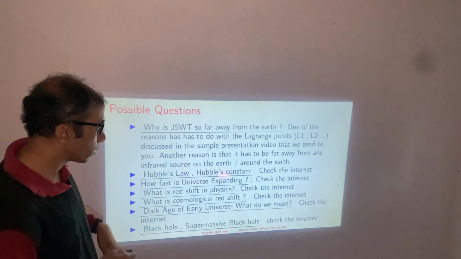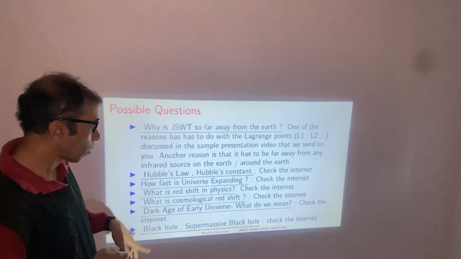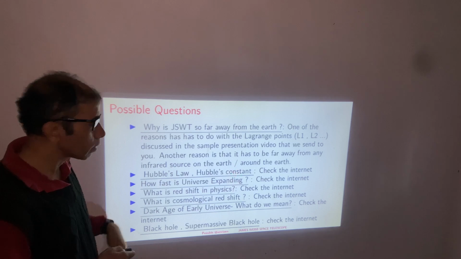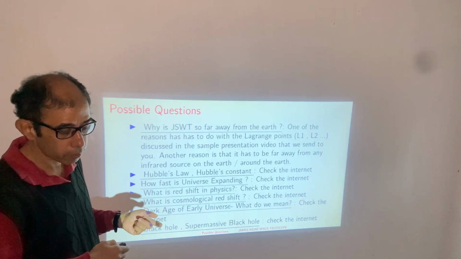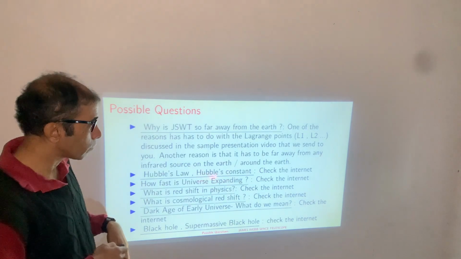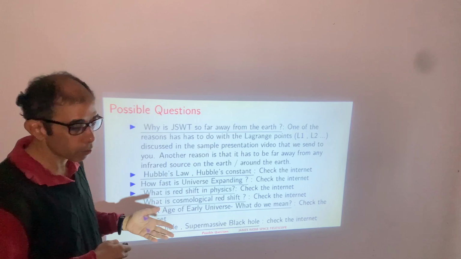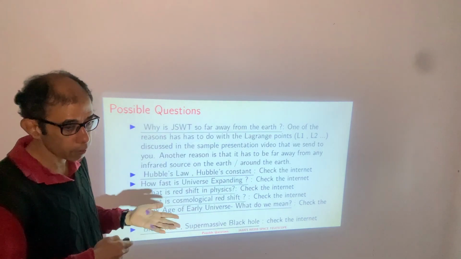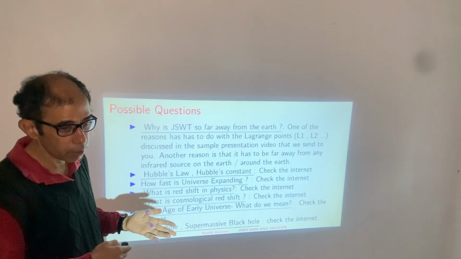So this is actually about the expanding universe. How fast is the universe expanding? That is given by Hubble's constant, which is the rate of expansion of the universe: 70 km per second per megaparsec.